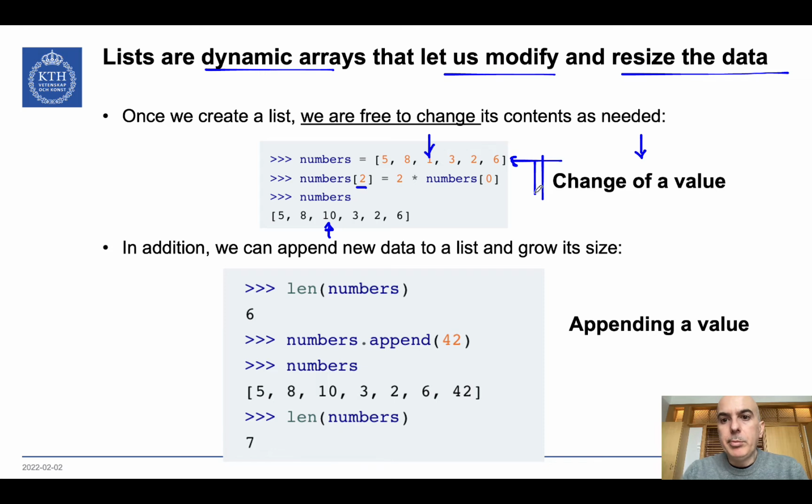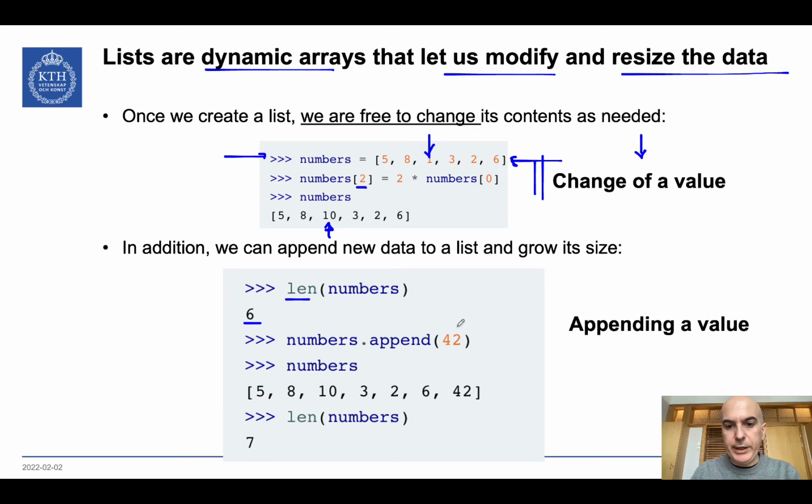The second important feature of a list is that we can resize the array, so we can add additional elements to the list and make it grow. For instance, we have our original list here. We modified one element. We check the size of our list. We got 6: 1, 2, 3, 4, 5, 6. That's correct.